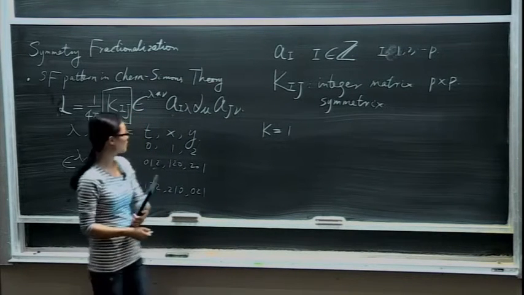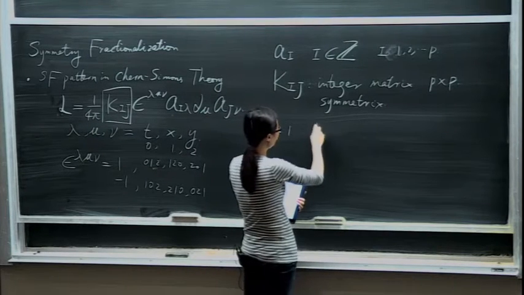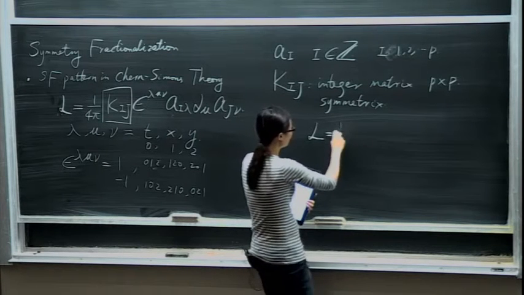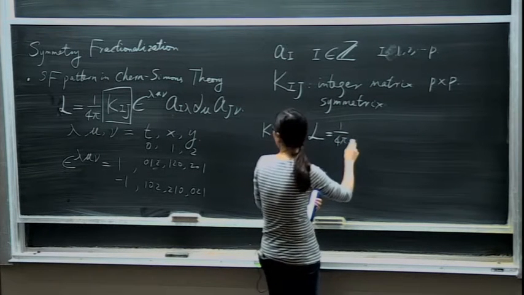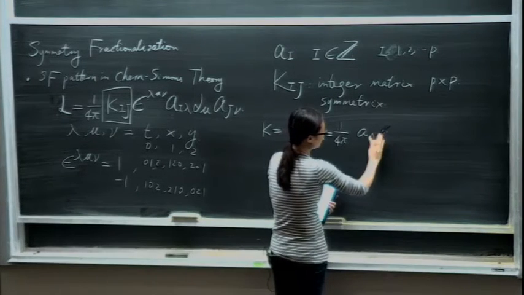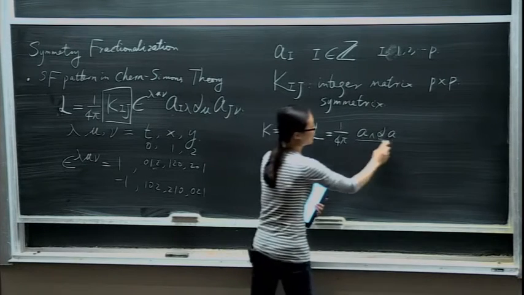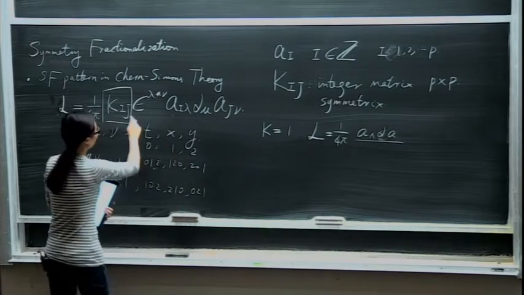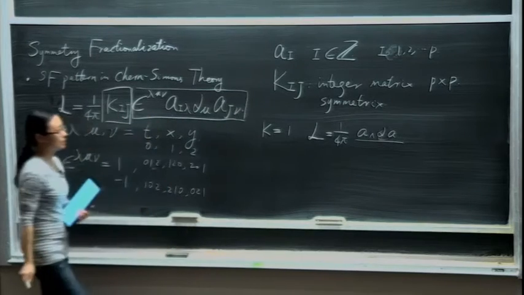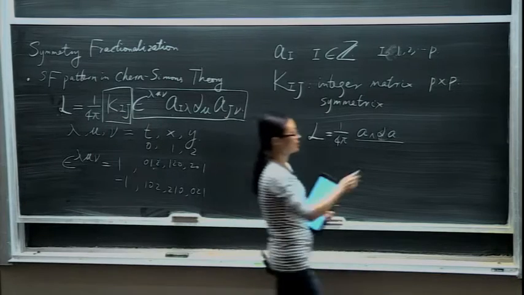And then there's only one component of this A, and the Lagrangian becomes something like 1 over 4 pi, and we can use the short notation of A wedge dA. So this is exactly this big thing written here. It's A wedge dA. And this describes the integer quantum Hall.